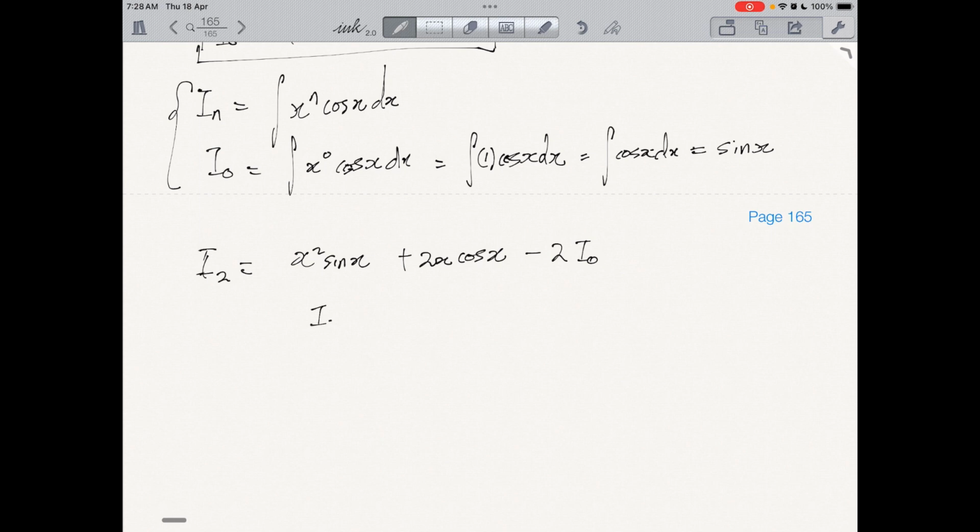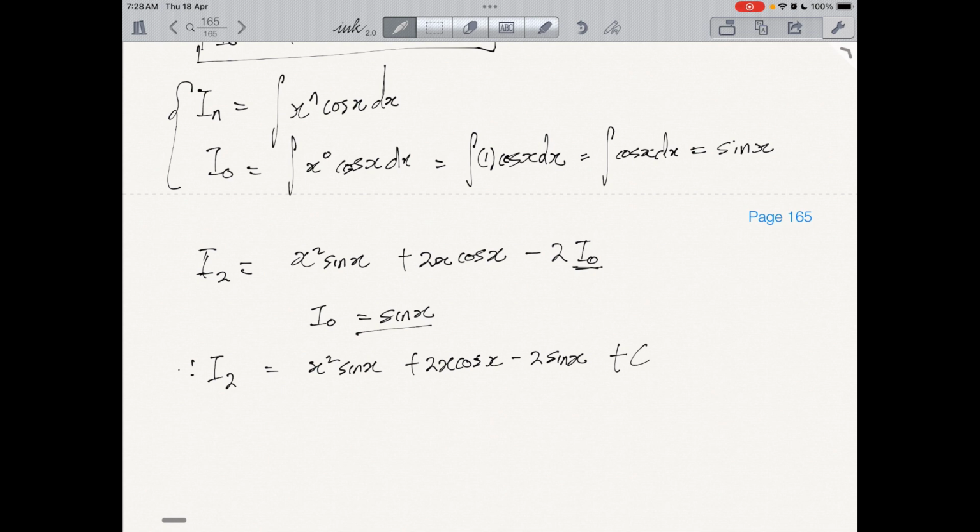And we know that I_0 is equal to what? Sine x. Therefore, I_2 is equal to x squared sine x plus 2x cos x minus 2, we make our substitution of I_0 to be sine x, sine x. Then we add our constant of integration, plus c.